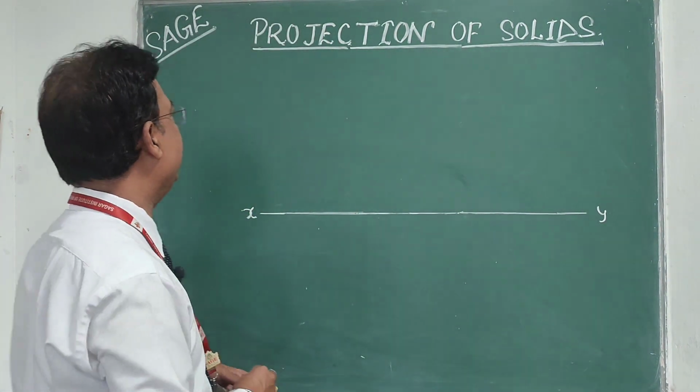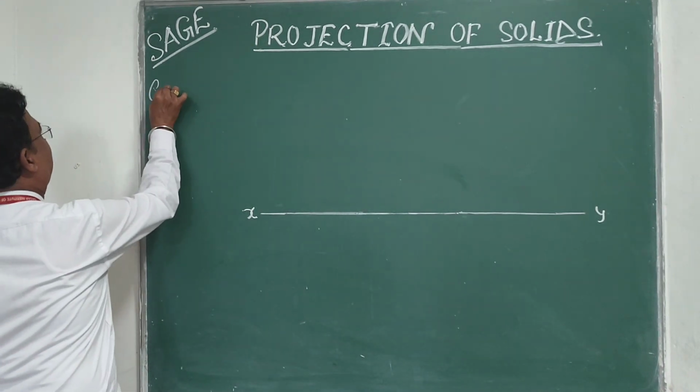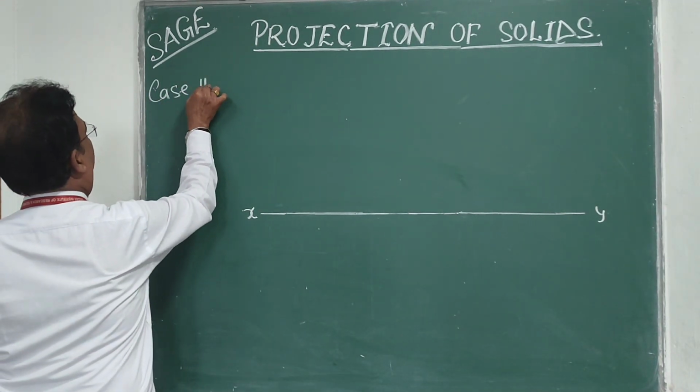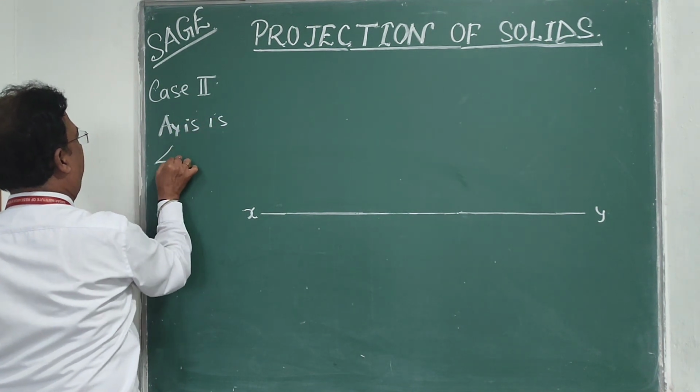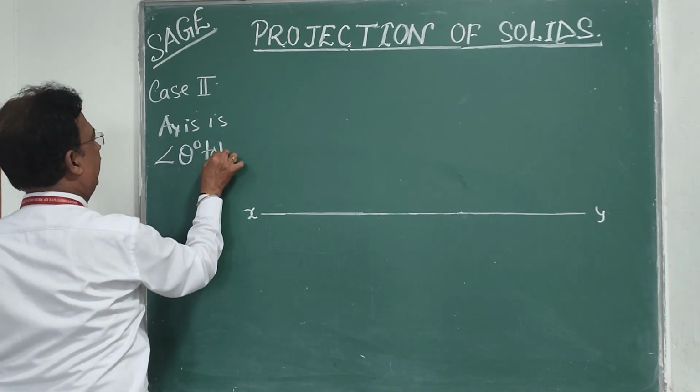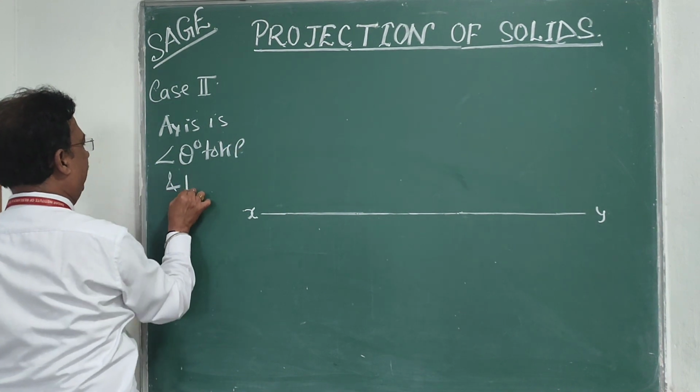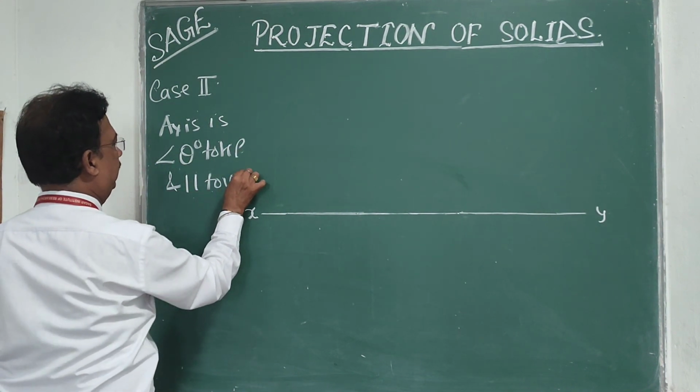This is the second case, when the axis of the solid is inclined at some angle theta to the HP and parallel to VP.